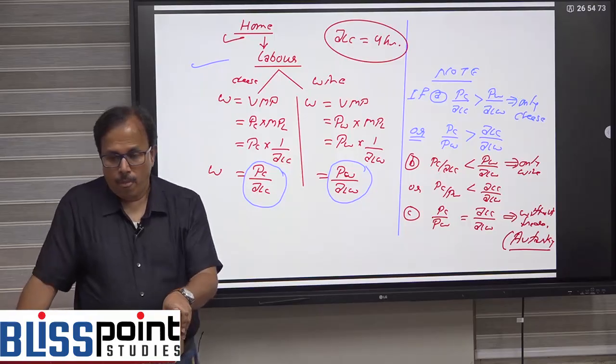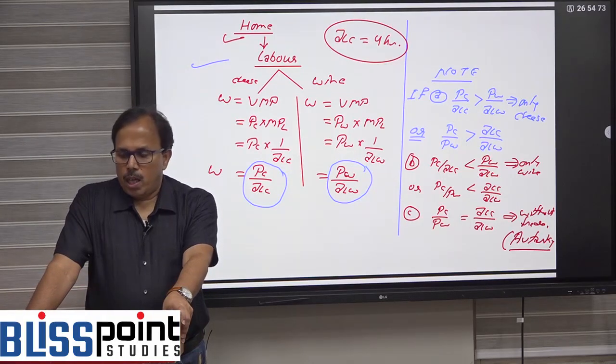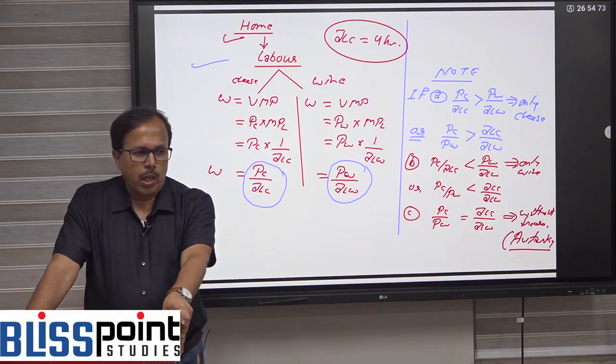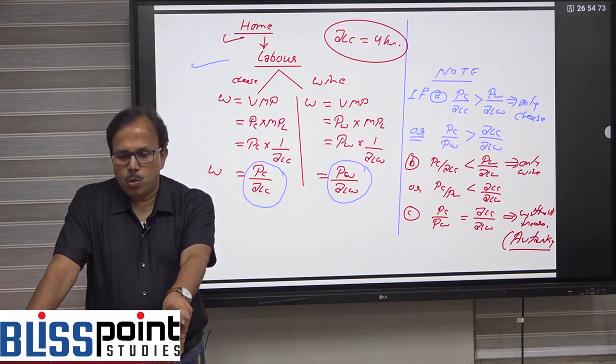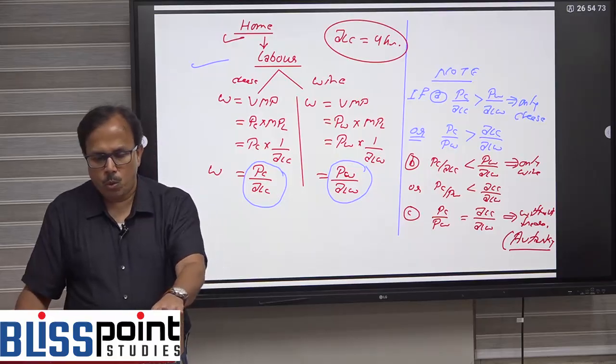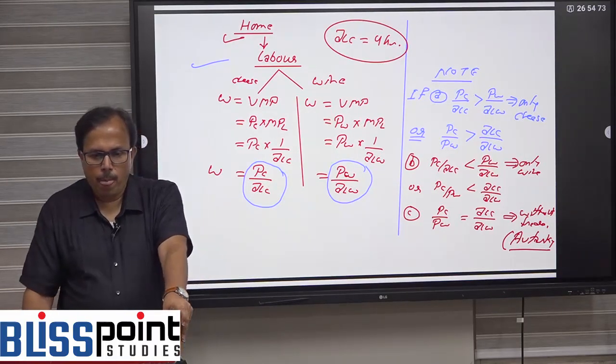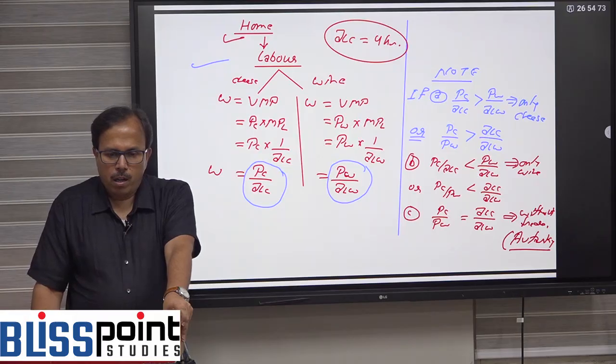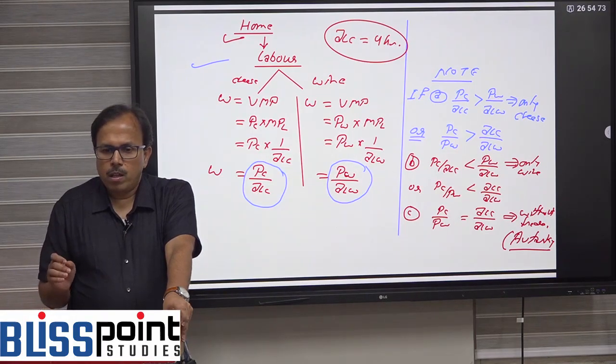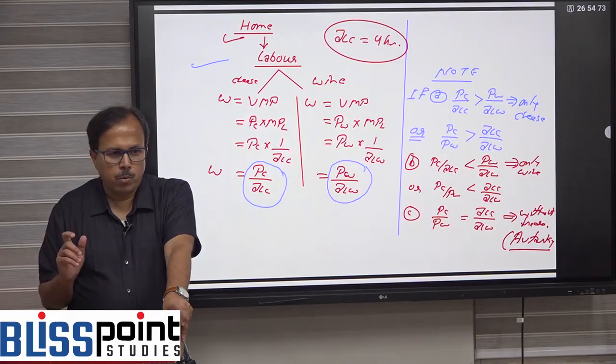Third, the economy can produce both goods only if PC by PW is equal to ALC by LW.